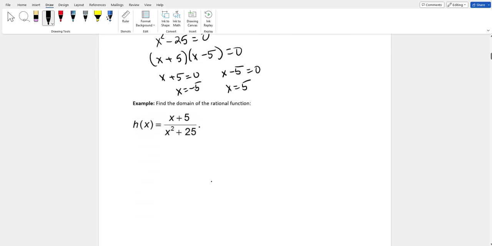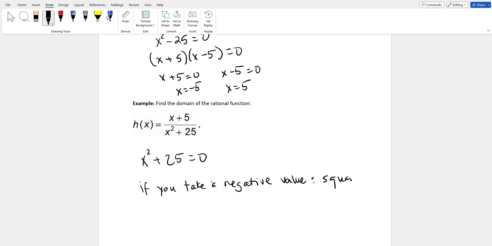This next one we have h of x is equal to x plus 5 over x squared plus 25. Well, if you set x squared plus 25 equal to 0, whenever you take a negative value for x and square it, you get a positive value. So I'll write that out. If you take a negative value and square it, it becomes positive.